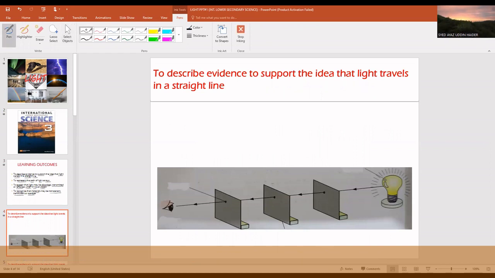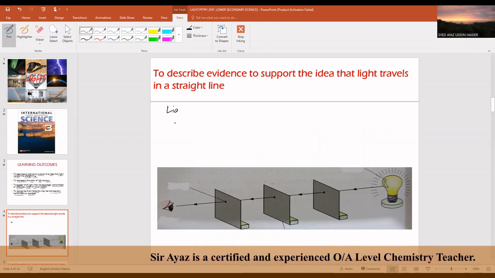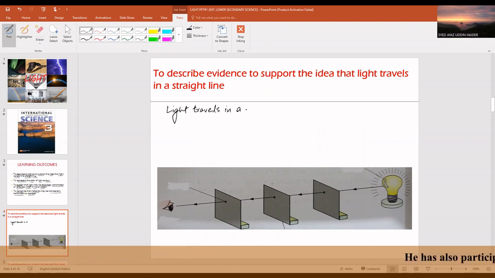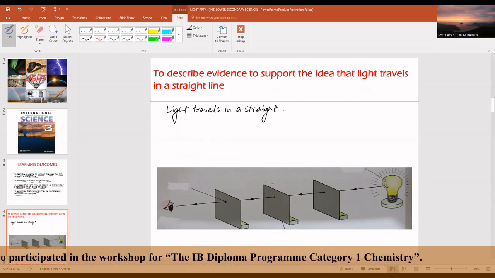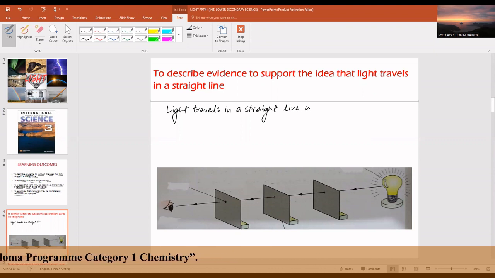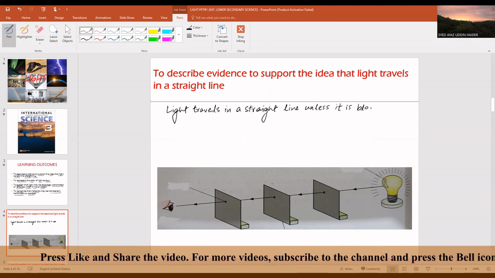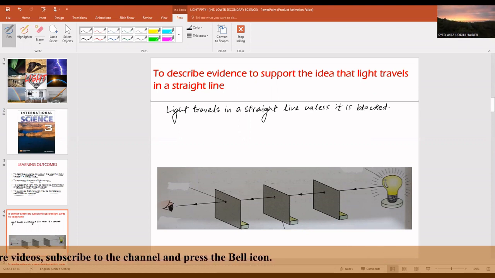Light travels in a straight line unless it is blocked. You see in this picture the light source, which is a bulb here.